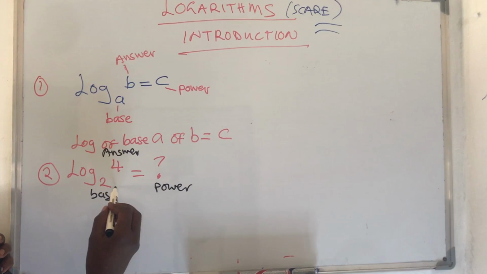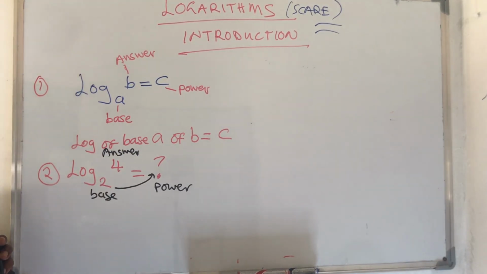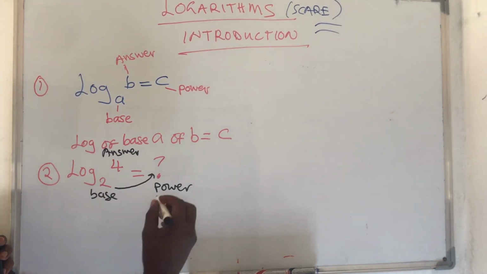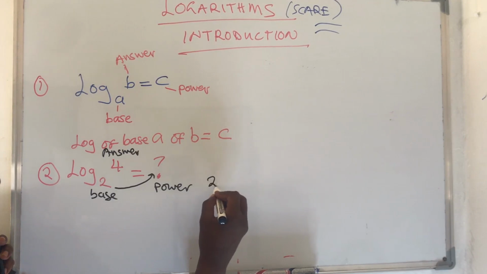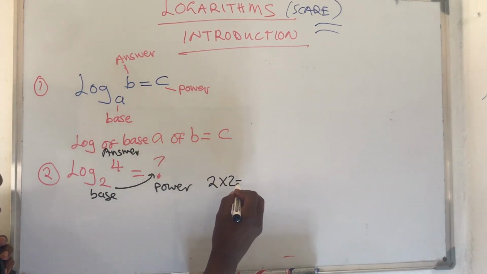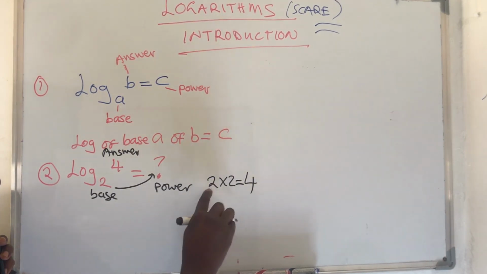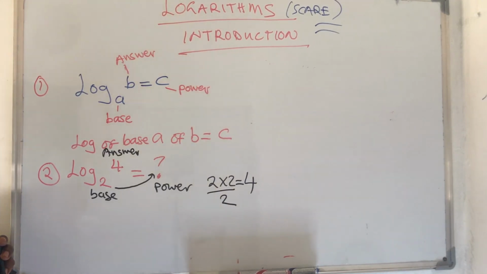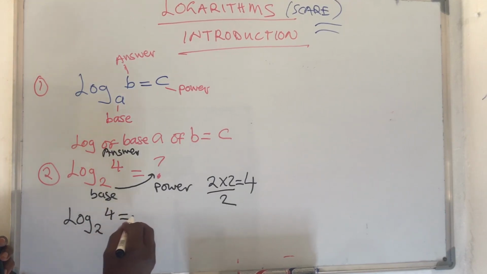So the question is, how many times should I multiply 2 for me to get a 4? So for me to get a 4, I'm going to multiply 2 times 2, which is going to give me a 4. So in short, I should multiply it 2 times, isn't it? So I can quickly say log of base 2 of 4 is equal to 2.